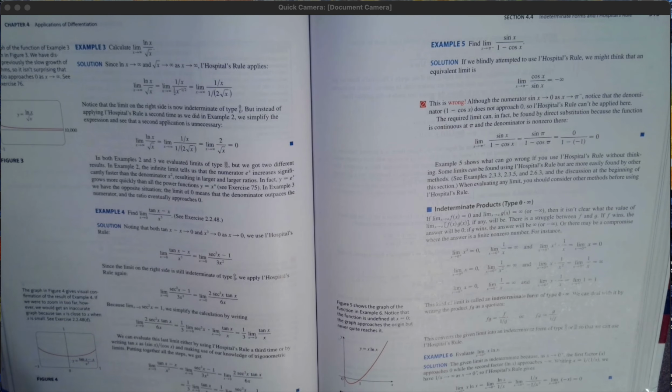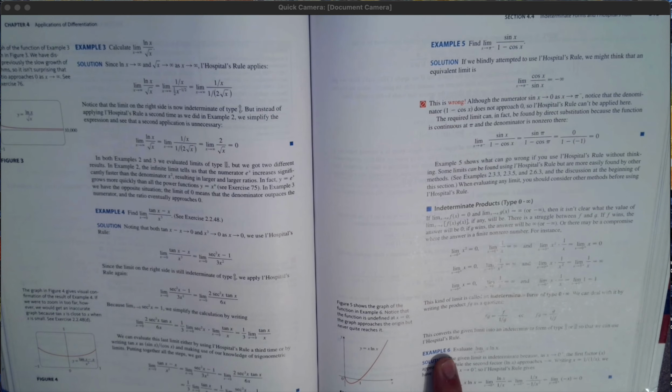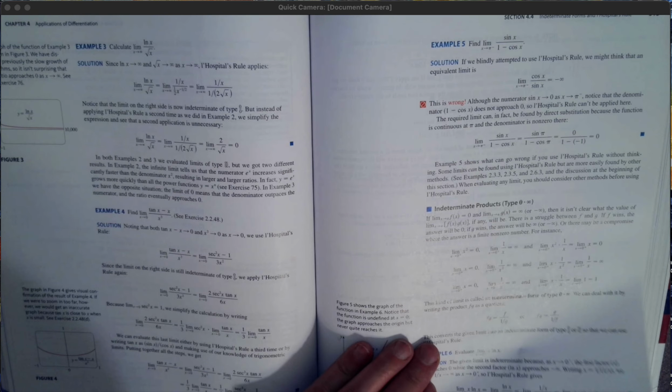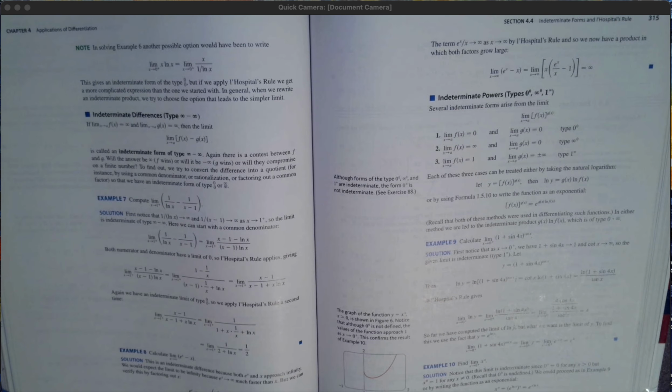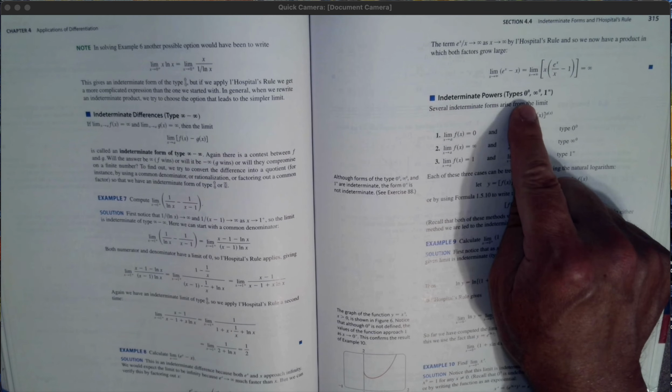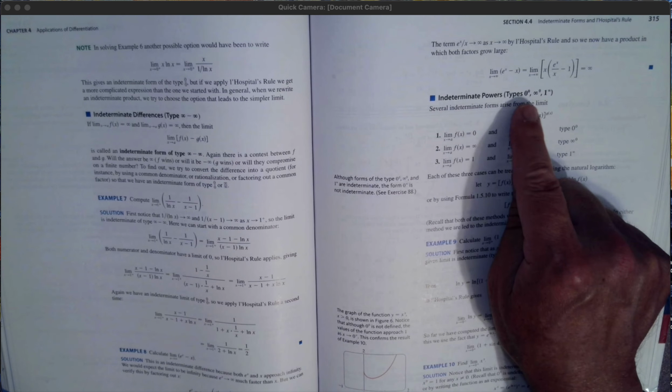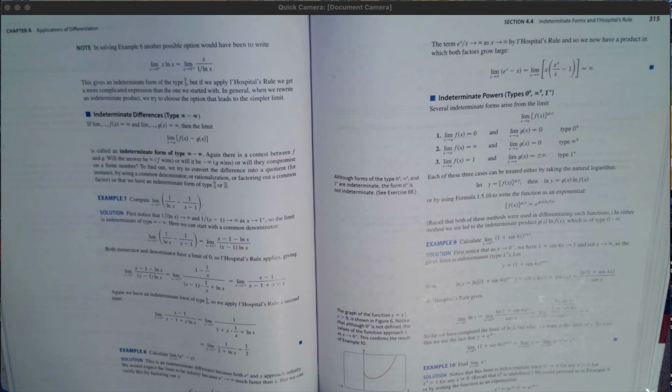There are many others, but for test 3, you can stick with the 0 times infinity. So like something like example 6, bottom of page 313. And some of the other examples. Like for this test, you could skip like 0 to the 0, infinity to the 0, and 1 to the infinity.